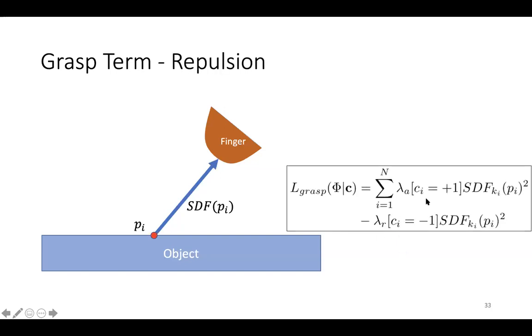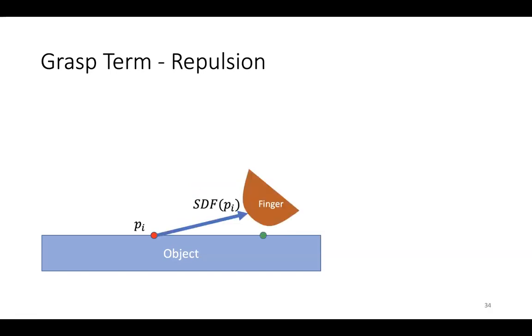You can negate that and use that for repulsion, but there's a particular aspect that you need to take into consideration. So imagine this scenario where the finger is close to the object surface because it is being attracted by a contacted point, which is shown by the green dot here. Now we don't want the non-contacted point, which is the red dot, to have a lot of influence in repelling the finger away, because the finger is actually not trying to contact that red point.